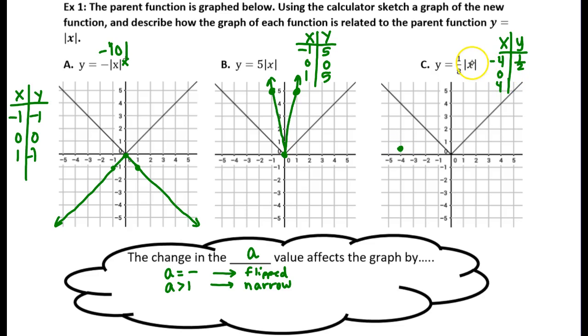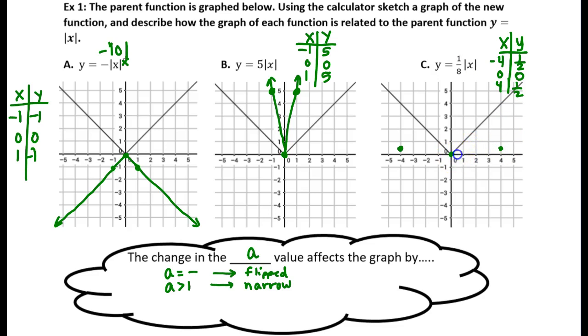When I put in 0, absolute value of 0 is 0. 0 times 1/8 is 0, so another point at the origin. And it is symmetric, kind of like the quadratic function. When I put in 4, absolute value of 4 is 4. 4 times 1/8 is 1/2, so 4, 1/2.